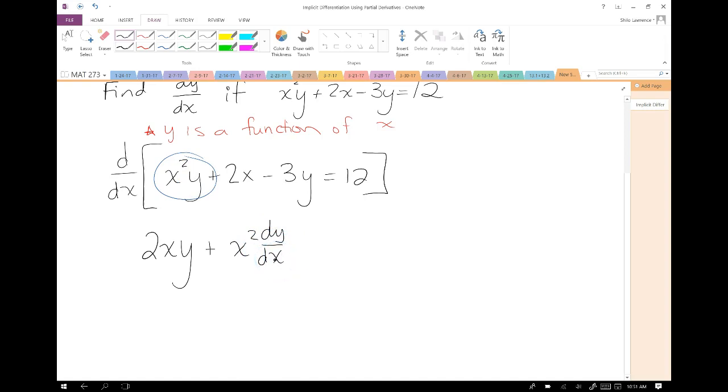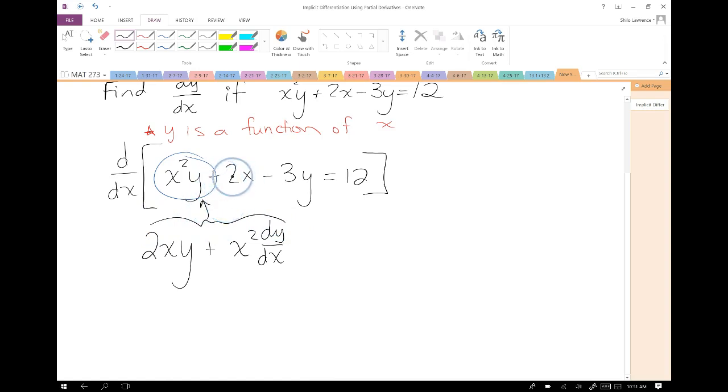Because we don't know what y is equal to with respect to x, but if we did, we would take its derivative. So instead of taking its derivative, we just write the derivative notation saying the derivative of y goes in this spot. So that's the product rule for the first term.